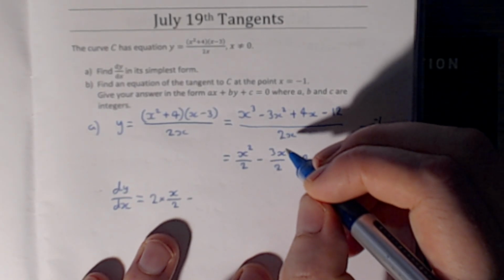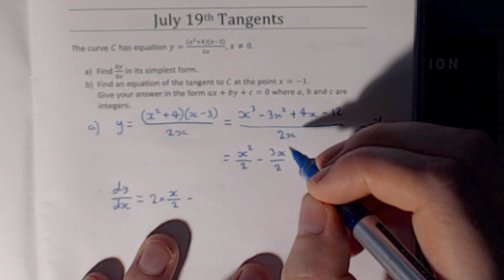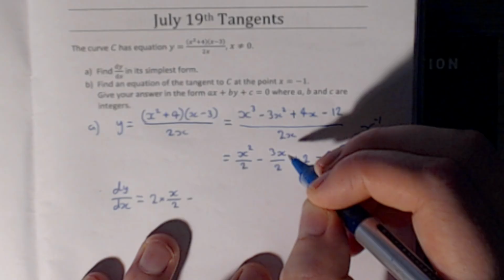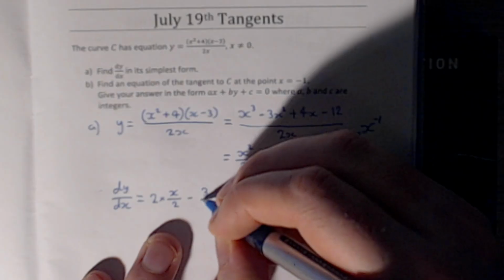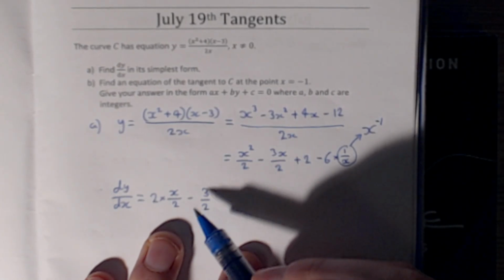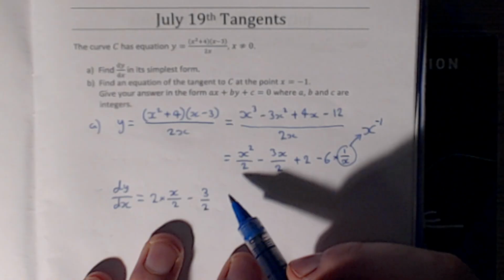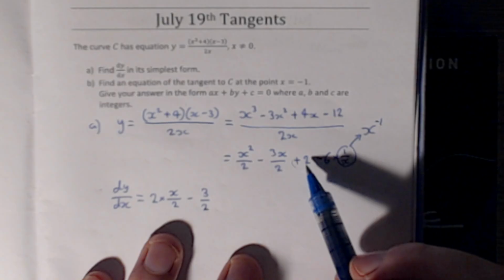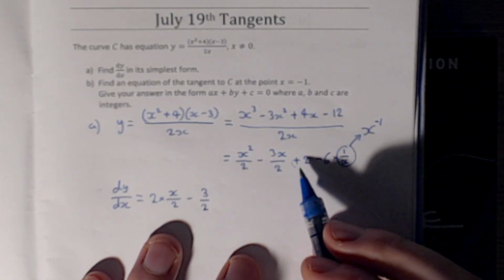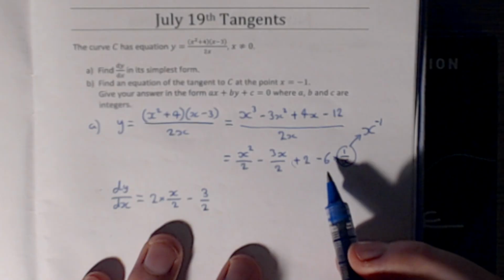So we can imagine 1 going to the front and the power here being 0. But any x term just is going to disappear and we're left with 3 over 2. We remember that any constant, when we differentiate it, is going to become 0. So that 2 goes away completely.